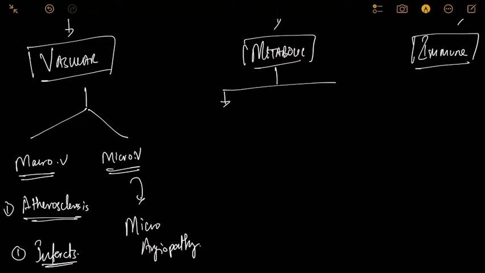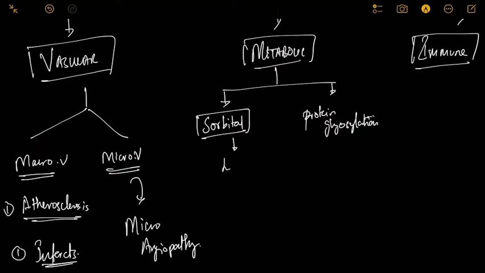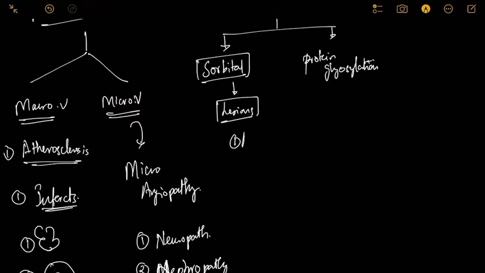These will be starting under two headings, all right. One is your sorbitol pathway. You might remember this from your first year biochemistry, and the other is your protein glycosylation, all right. Under the sorbitol pathway, we're going to discuss the lesions, all right. The lesions may develop in your aorta. Second is your eye, specifically your lens.